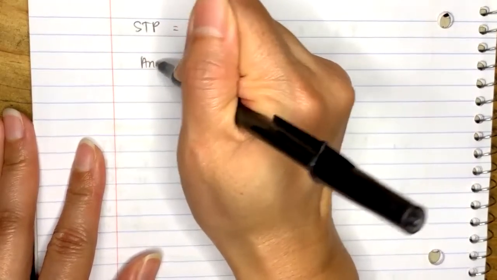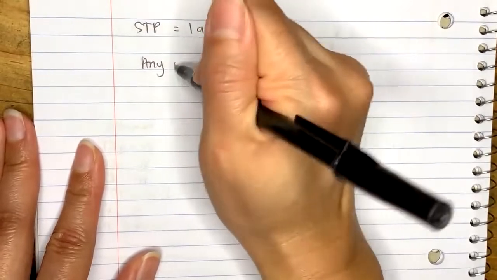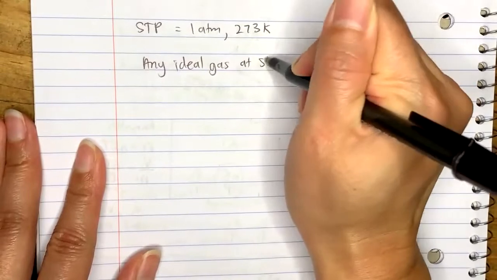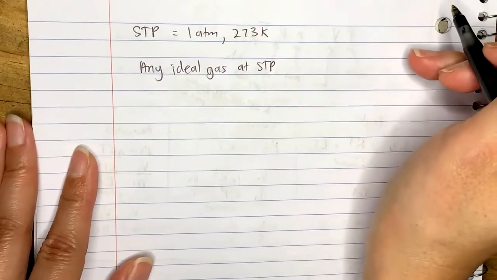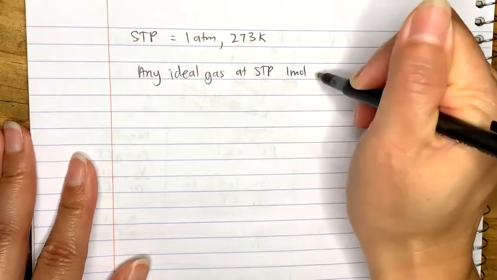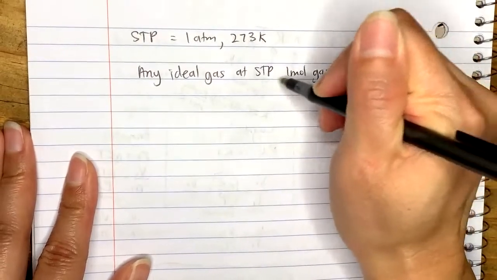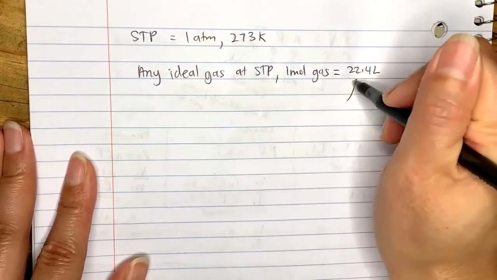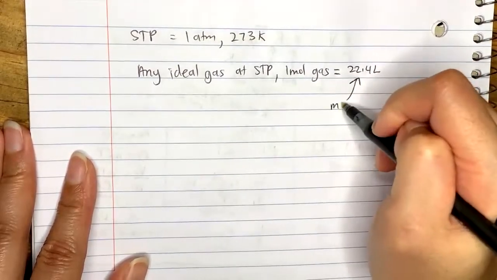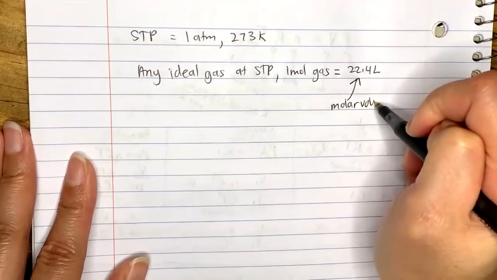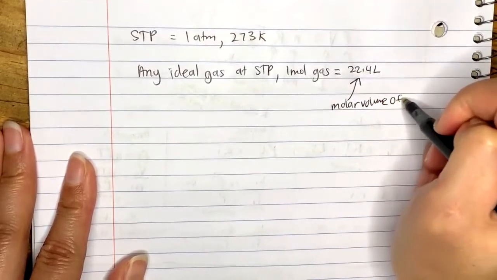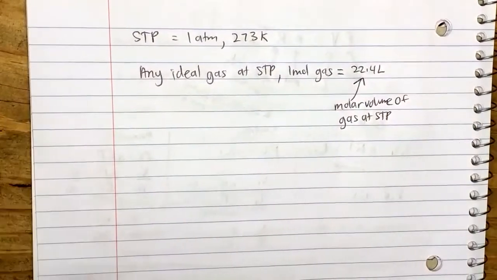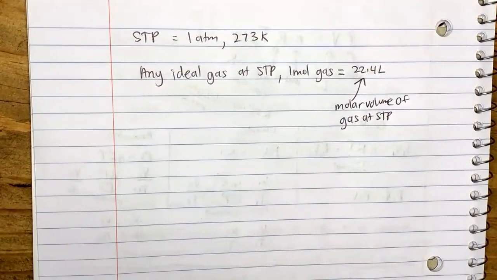Any gas, I don't care what kind, as long as it's ideal, any ideal gas at STP, that's what we're talking about, ideal gas law, 1 mole of that gas equals 22.4 liters. This 22.4 liters is called the molar volume of gas at STP. Okay, so we have that going for us.